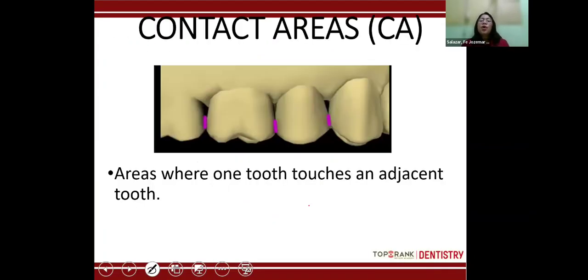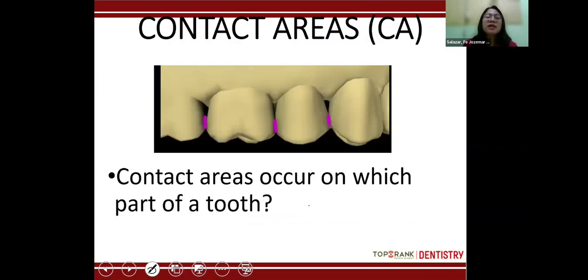Okay. Now, contact areas. Okay. These are areas where one tooth touches an adjacent tooth. Okay. So, contact areas tayo. Now, contact areas occur on which part of the tooth? Saan ba nagkakaroon ng contact? Okay. So, liken nyo yung tooth ninyo sa fist ninyo.